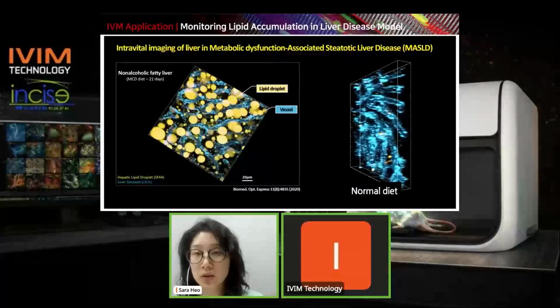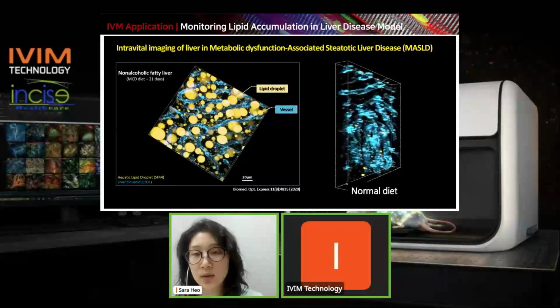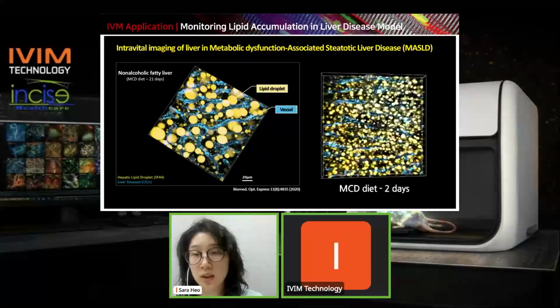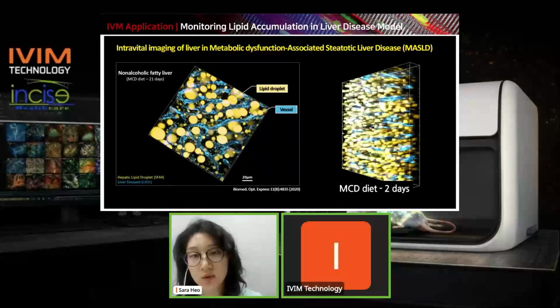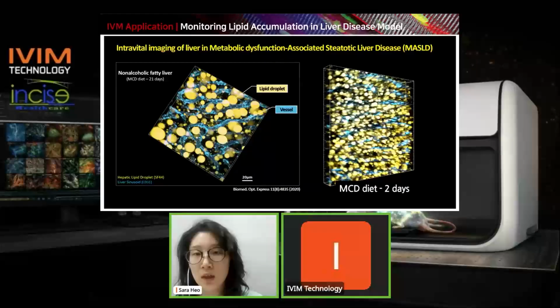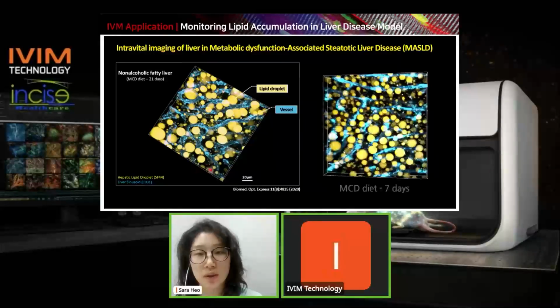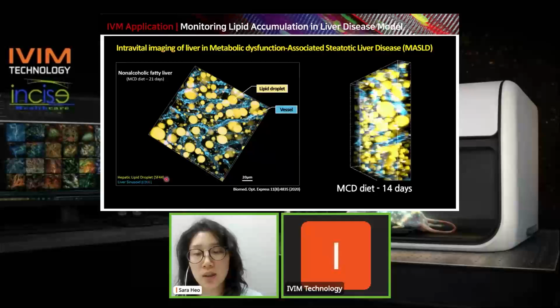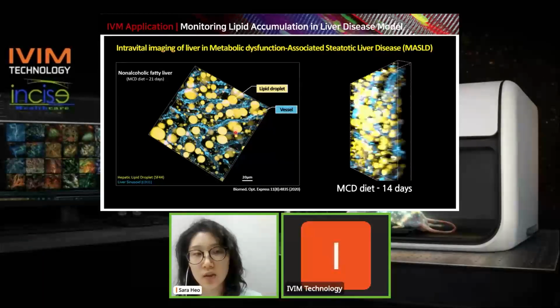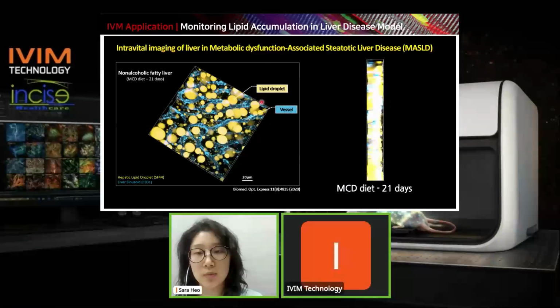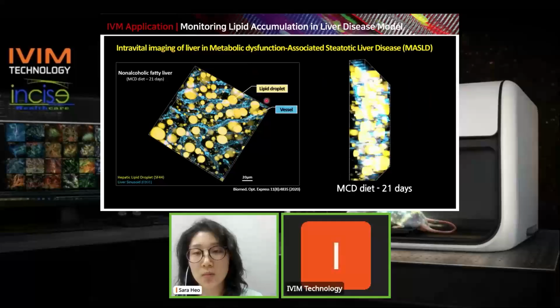Now, this is another model of liver disease. This one is the metabolic dysfunction-associated steatotic liver disease, MASLD model. On the left, you can see the accumulation of the lipid droplets. The lipid droplet is labeled by SF44, shown in yellow, and the liver sinusoid is labeled by anti-CD31, shown in blue.